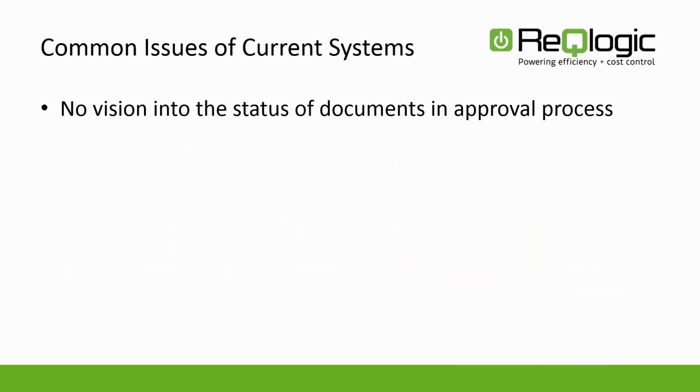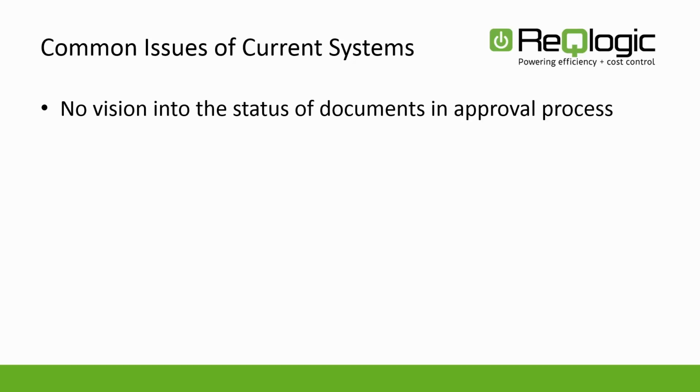So what are some common issues that we address with customers? No vision into the status of documents in the approval process. This is typically if it's a paper-based system that you're currently on. Many companies are passing around documents and requisitions for approval in Excel, via email.